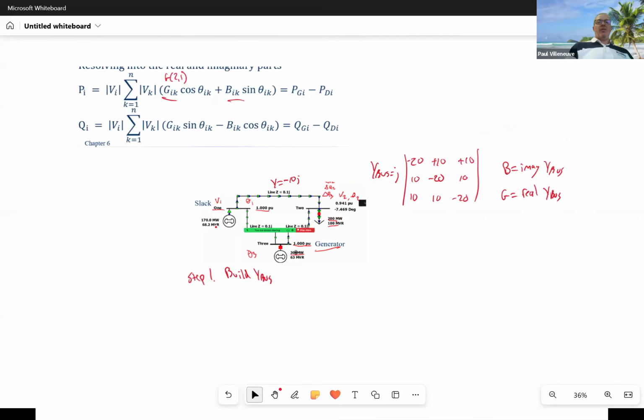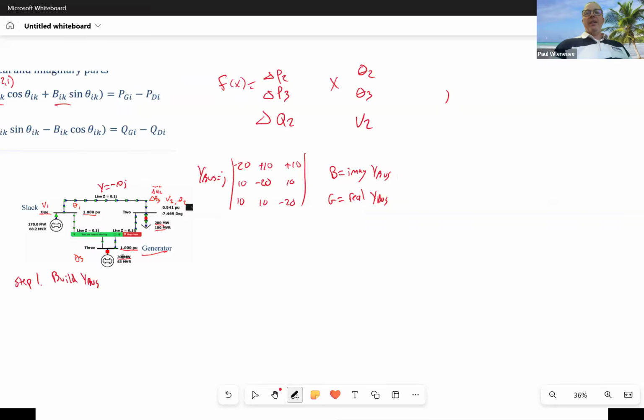And now I've got to go ahead and identify my f of x, which we already did. So my f of x equations, delta P2, delta P3, and delta Q2. My x variables, theta 2, theta 3, and V2. And so my Jacobian is going to have the form V2, like that.